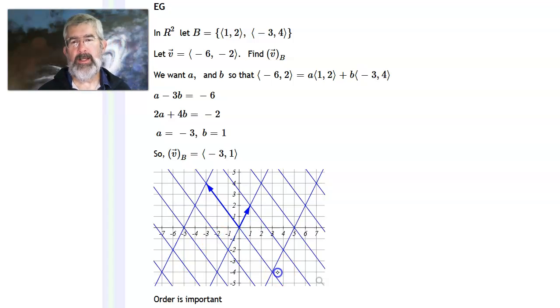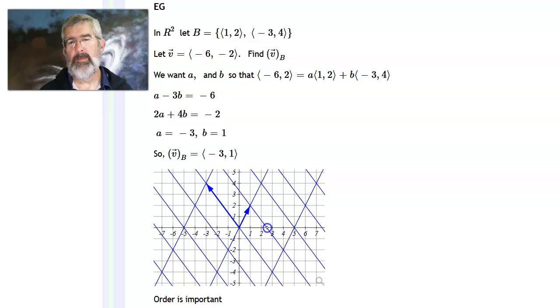And in this way, you can see what any one of these points are with respect to that basis. For instance, it looks like this point right here, which normally I would call 2.5, 0, right? That 2.5, 0 is right here. It looks like what I need to do is go 1 in the direction of my first basis element, and then negative 0.5 in the direction of the second basis element.